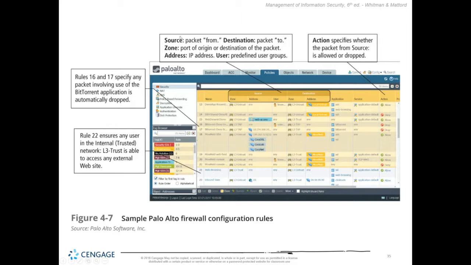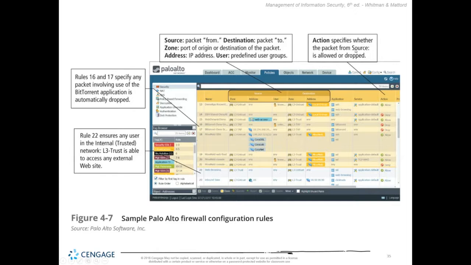Looking at these, first let's look at what we have up at the top. We have source, which is the packet from, and destination, which is the packet to. So where's the information coming from and where's it going to? That's our source and destination. The zone is part of the origin or destination of the packet. The address is the IP address. User is predefined user groups.